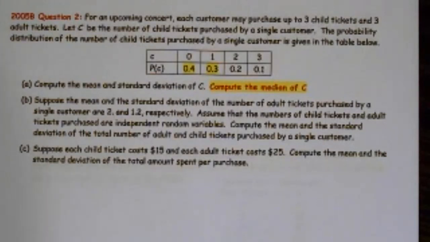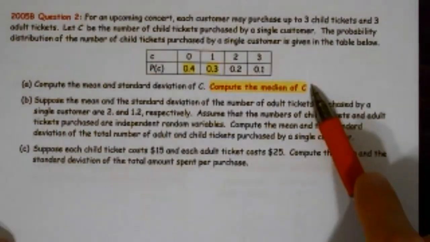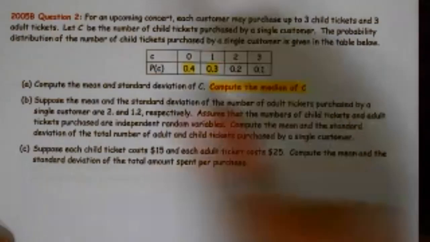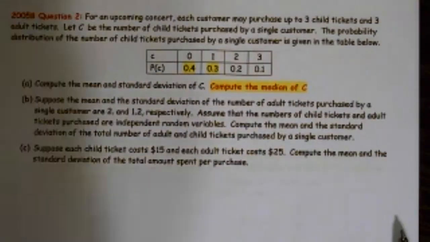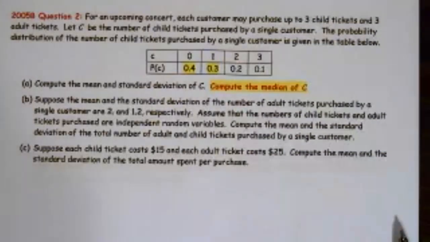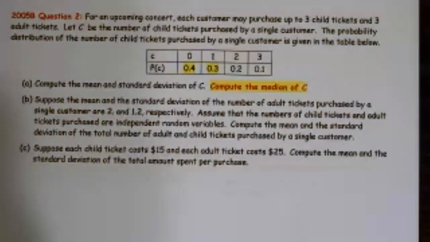Compute the mean and standard deviation of C. And also, I have compute the median of C. This is not part of the FRQ that was given. The other part is, but this I added just in case they ever ask that. So I'm going to pause this a moment so we can talk about it, and then we'll go through.